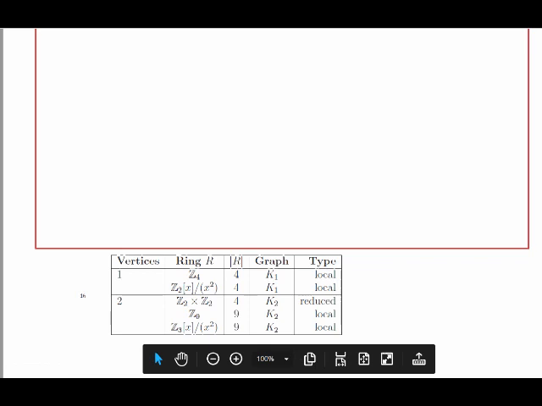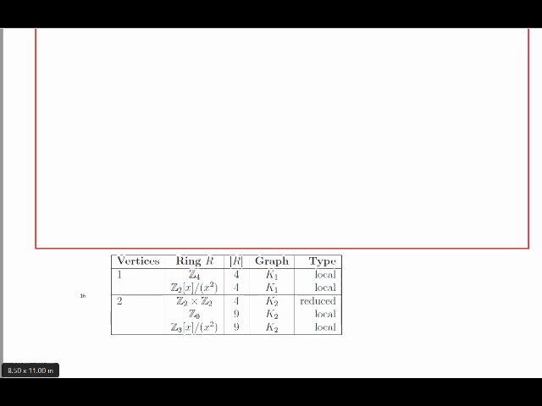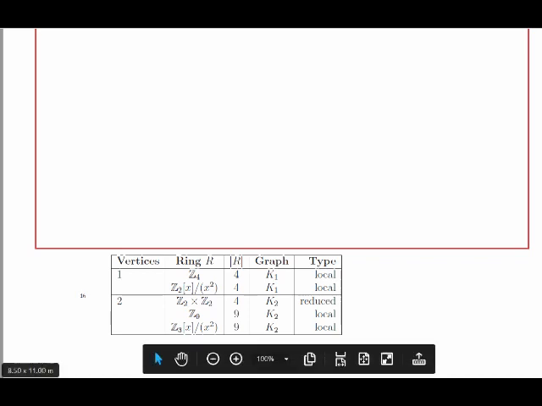What are the rings that will give me vertices with 2? So this column here is the number of vertices. Here are the rings where the non-zero zero divisors will be the number of vertices, like Z9 here.